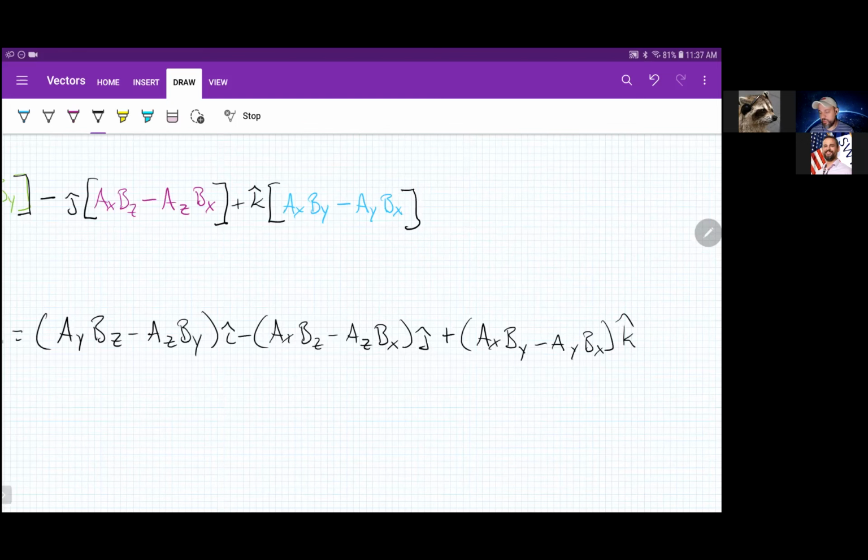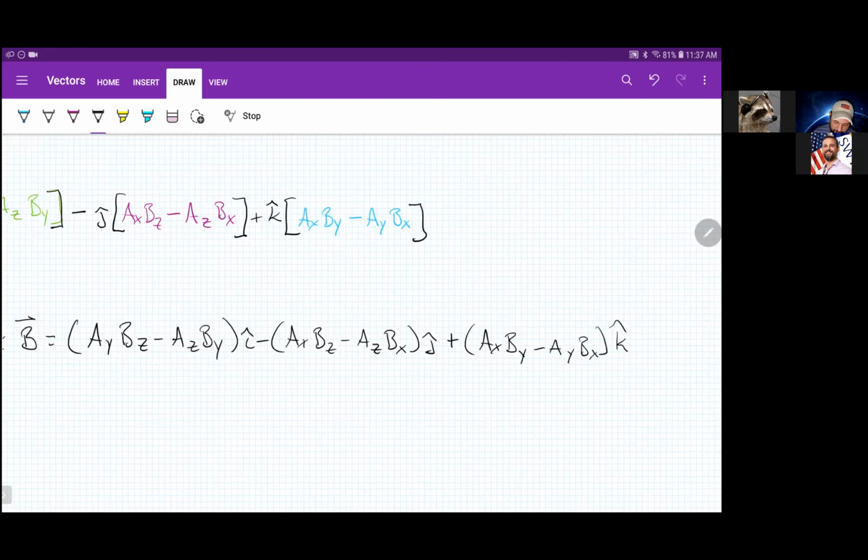Right? That's my preferred way of doing the determinant.